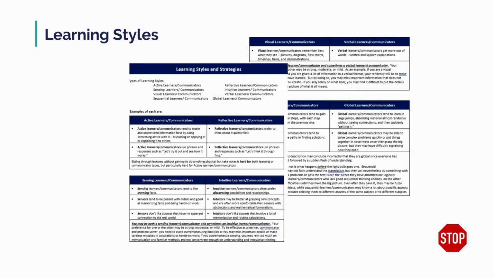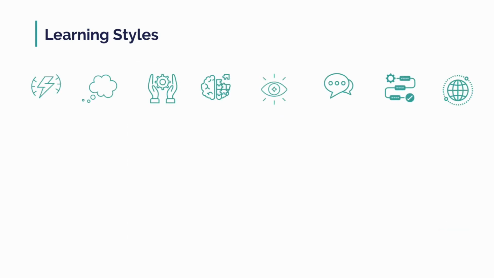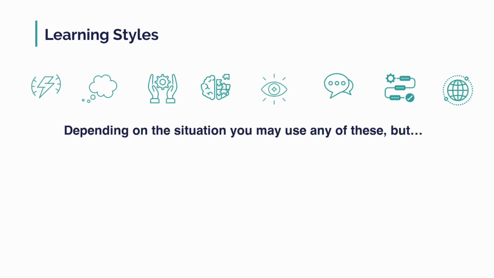Please stop now and take the time to read through them and make a check mark next to what you believe represents your personal learning style. If you feel that you may use many of these styles, you are correct. Based on the situation you're in, you may use any or all of these learning styles at any given time.